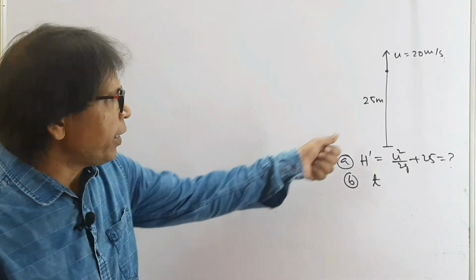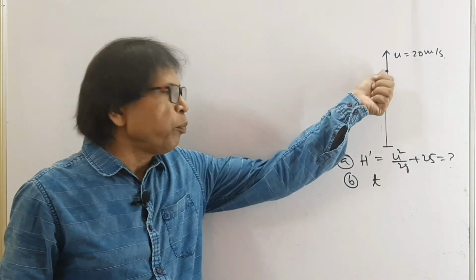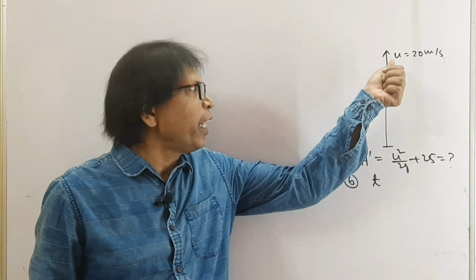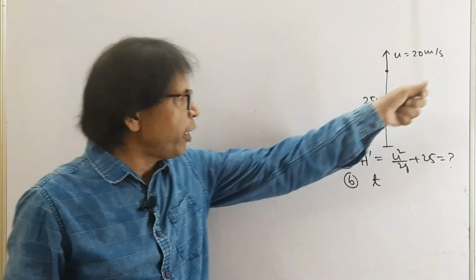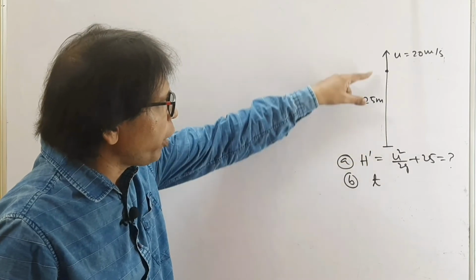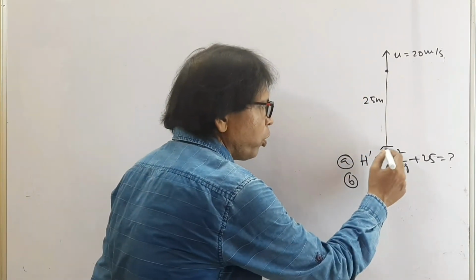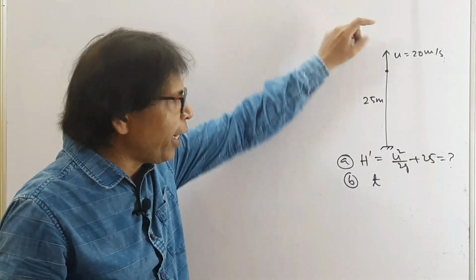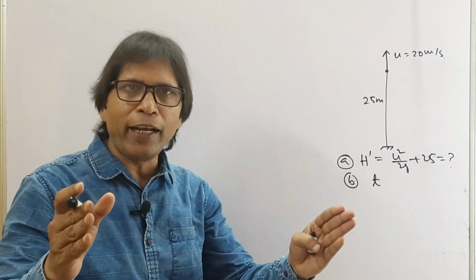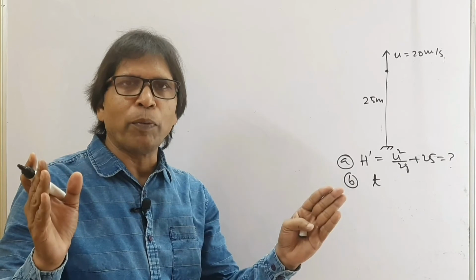Understood? Look at this. A ball is projected vertically upward with velocity 20 meter per second from the height of 25 meter from the ground. Now we have to calculate the maximum height ascent by the particle and total time of flight.